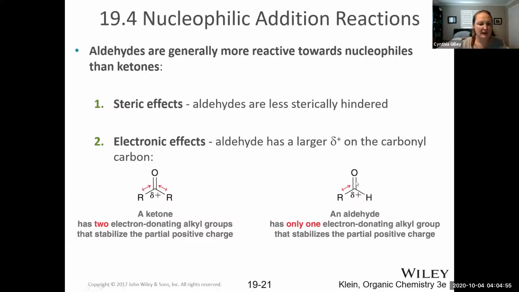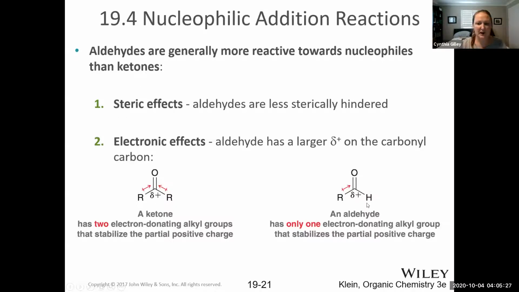In terms of the electrophilicity of aldehydes and ketones, and again, we're specifically talking about the carbonyl carbon's positive character, or how much positive character it has. The more positive character, the more electrophilic the carbonyl carbon. When we're comparing aldehydes and ketones, what we're going to see is that aldehydes are more electrophilic at their carbonyl carbon than ketones are. And the reason for this is twofold. The first reason is steric effects.